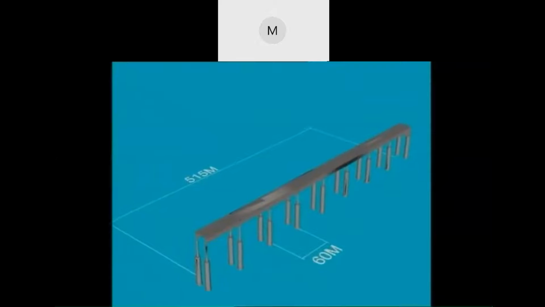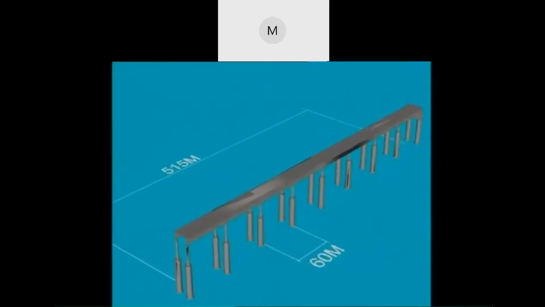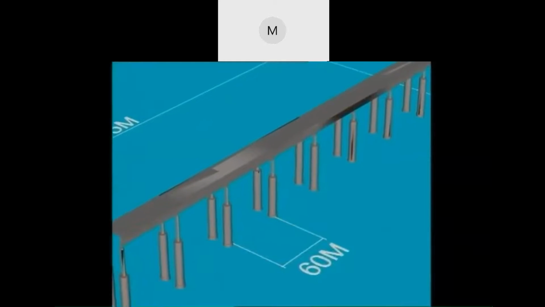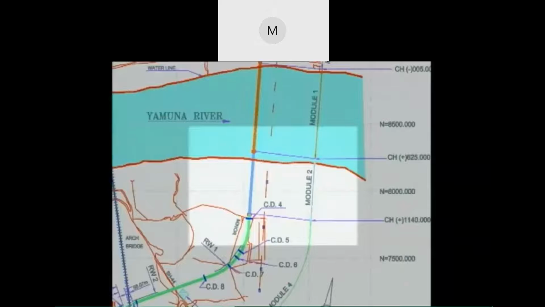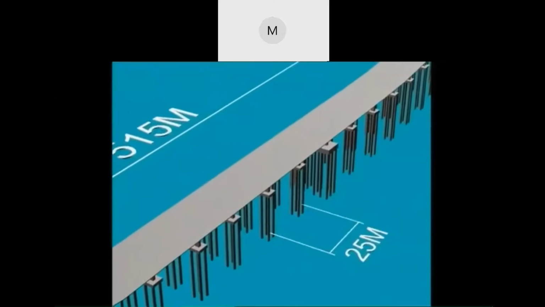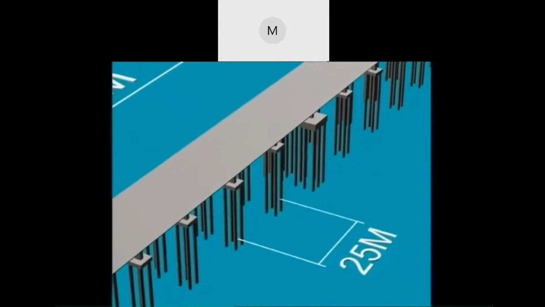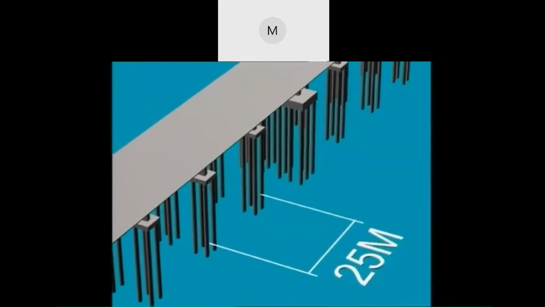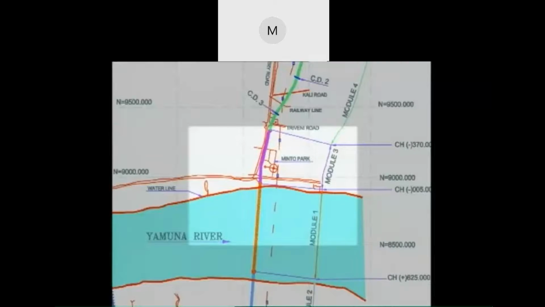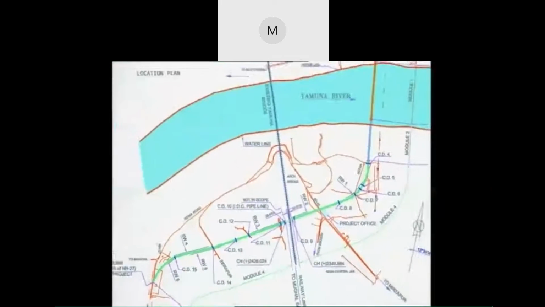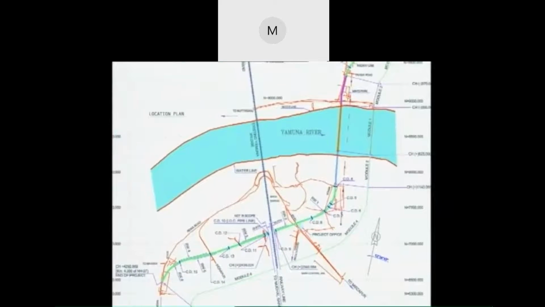The approach viaduct of 515 meters length on the Naini side with spans of 60 meters founded on circular well foundations is included in Module 2, whereas the 365 meter long approach on the Allahabad side with 25 meter spans supported on 1.2 meter diameter piles is included in Module 3.